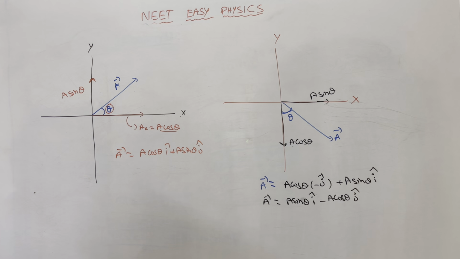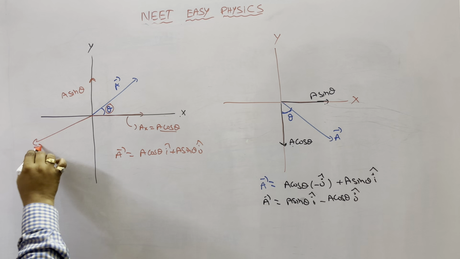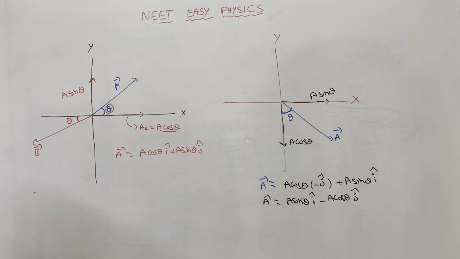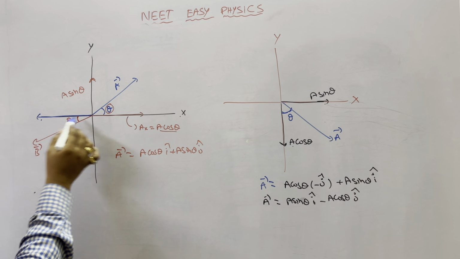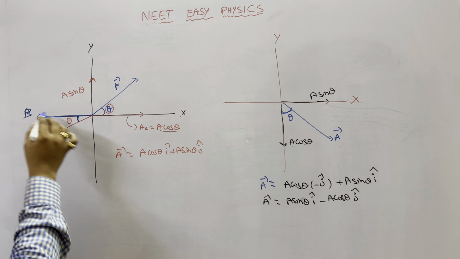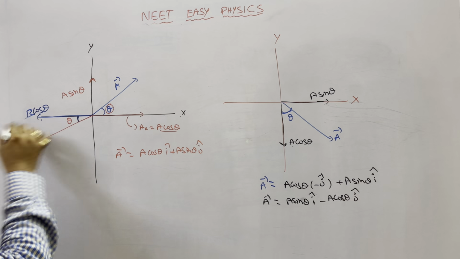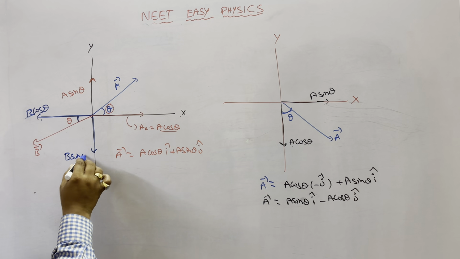Now another vector we are taking, let us assume like this. This is going to be B bar. B bar is making an angle theta with this. Now if you resolve this into two components, what do we have to write? This one is B, which is basing theta, I told you, cos theta. So this component is B cos theta, and this component is B sin theta.